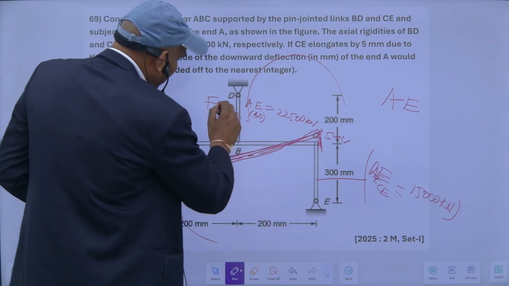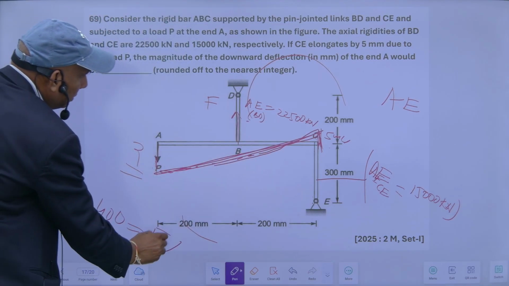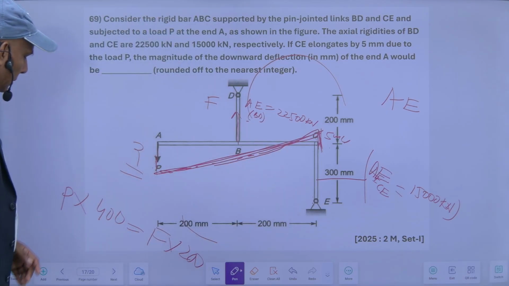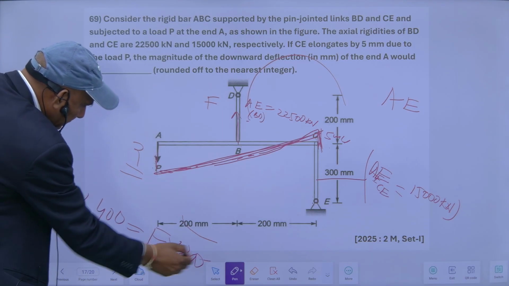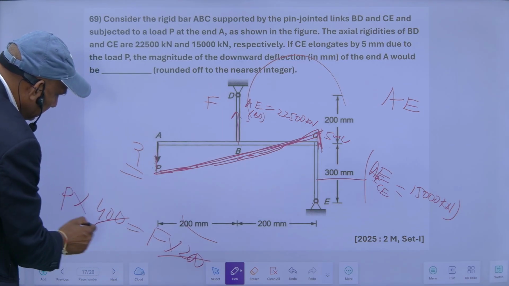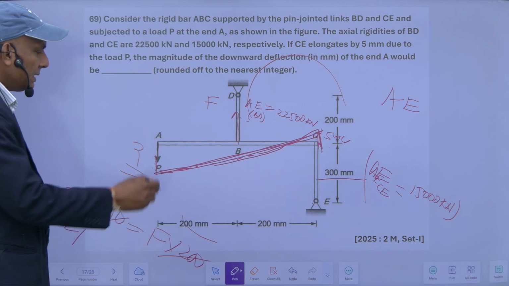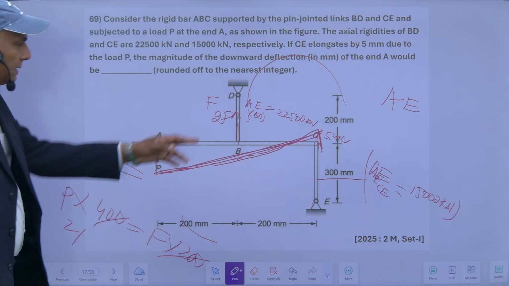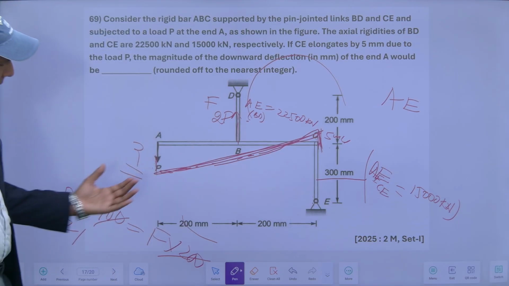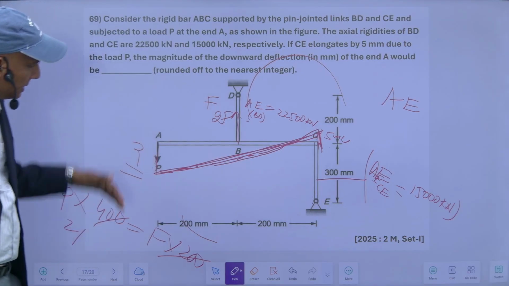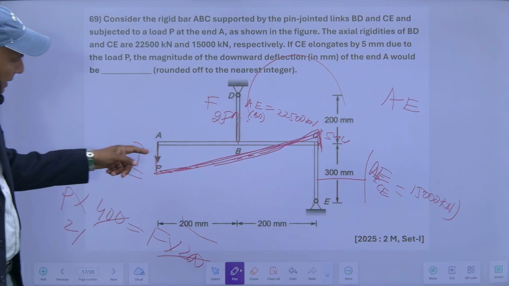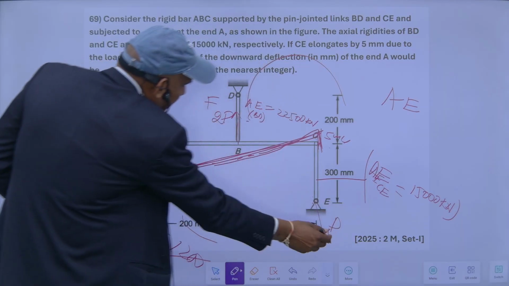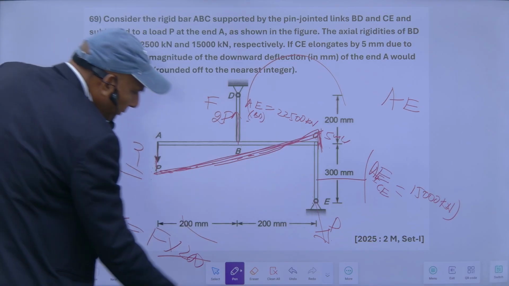So the force is F into this length, which is 200. So this is half of this one. It means this is 2P. So if this is P, this is 2P. Force in this will be 2P, and total upward force is 2P. It means the downward force will also be P. So there will be a reaction of P also. This P plus P should be equal to the upward force 2P.